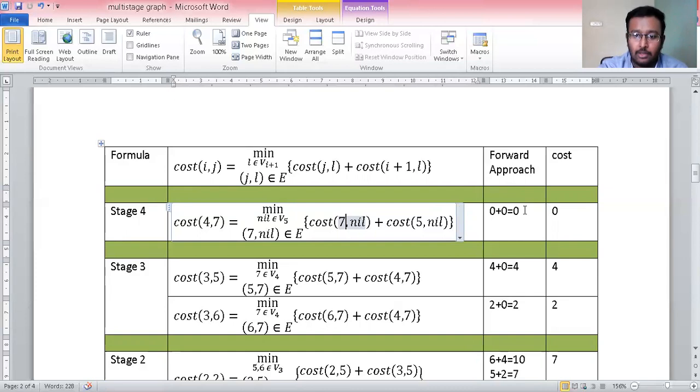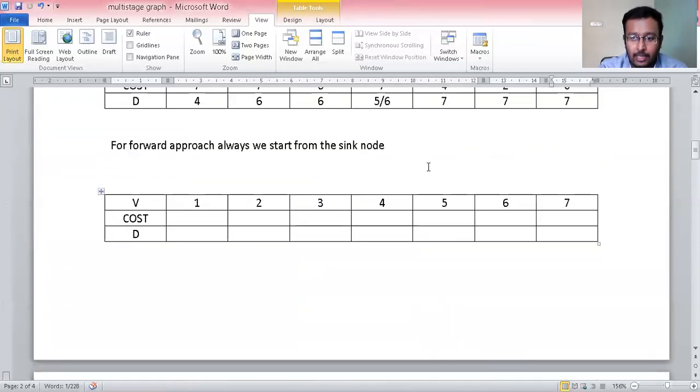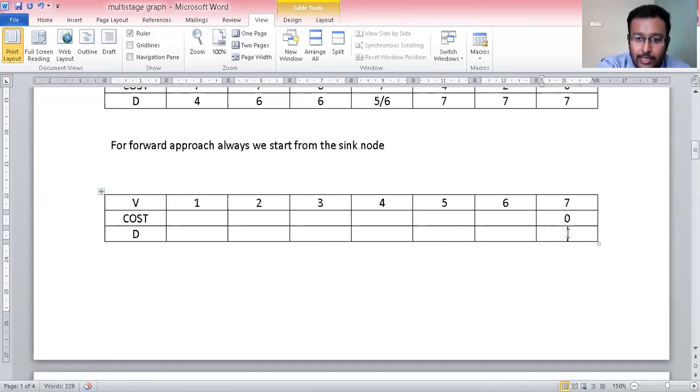So totally the cost comes out to be 0. So now I will fill this table. The cost of the vertex 7 is 0 and I have to finally reach the vertex 7 only. So I will take it as 7. So if I move from source to sink, finally I have to reach my destination vertex, that is 7.